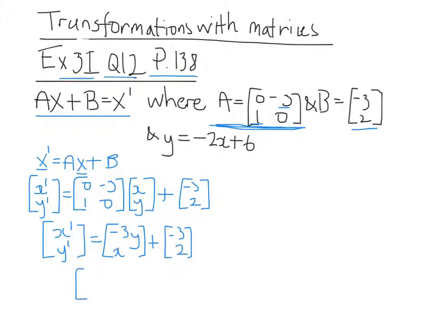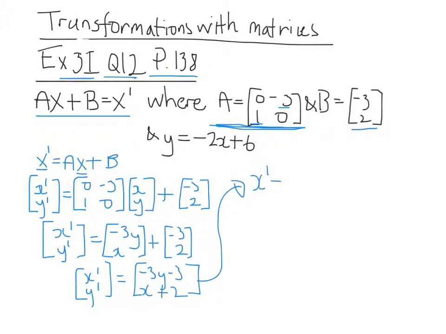Now if we add these matrices together, we get -3y - 3 and x + 2. So what we have here then is x dashed equals -3y - 3, and y dashed is equal to old x plus 2.